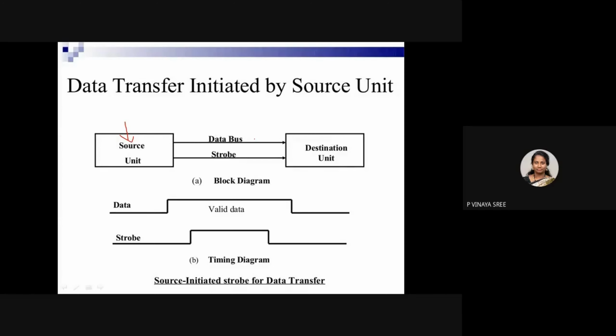Take olden days letter posting: if you post a letter to an address, you will not get any acknowledgement until the other person writes a letter to you saying that the letter you sent has been received. In this case also, the source has placed the data in the database, but the destination unit is not giving any acknowledgement that the data has been received. That is a drawback in source initiated data transfer.